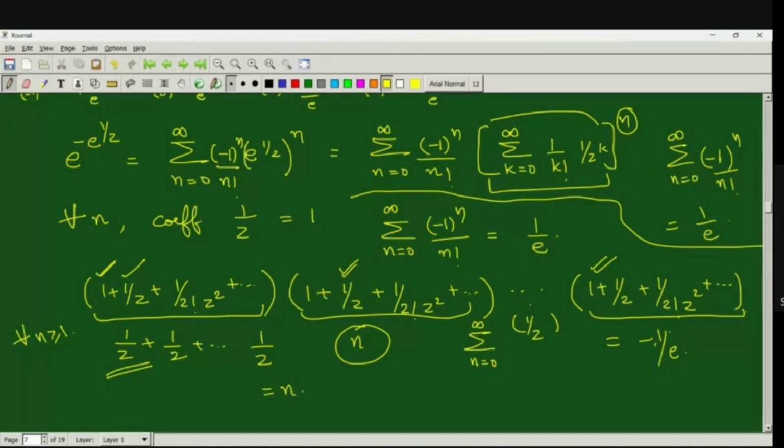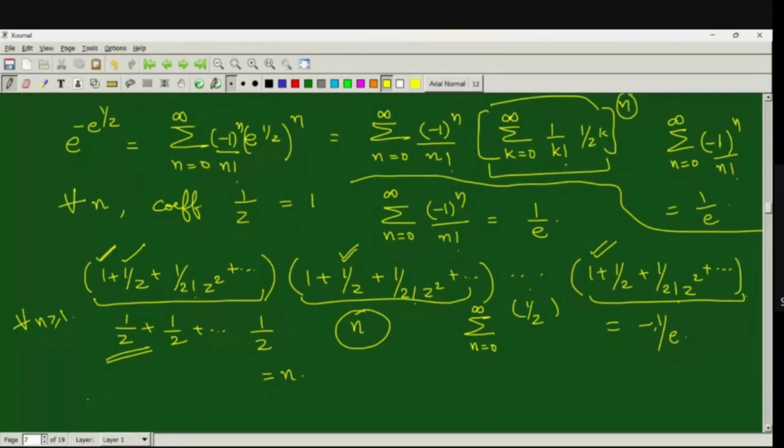You noticed it? Also notice that for n equal to 0, there is no coefficient of 1 by z. The entire series is going to be 1. So for each n greater than or equal to 1, the coefficient of 1 by z in this part is n.